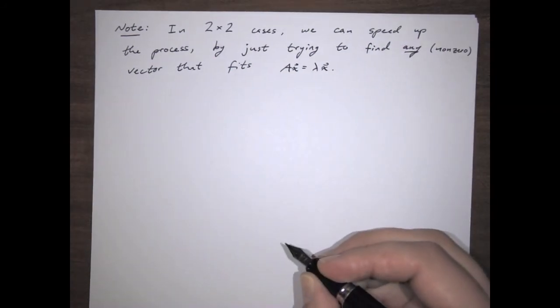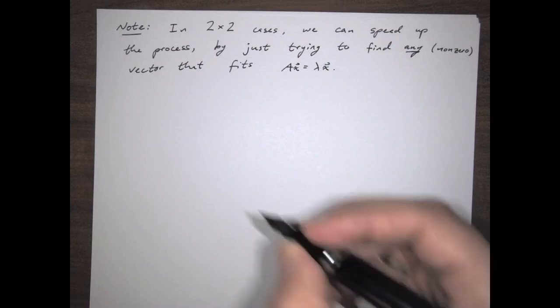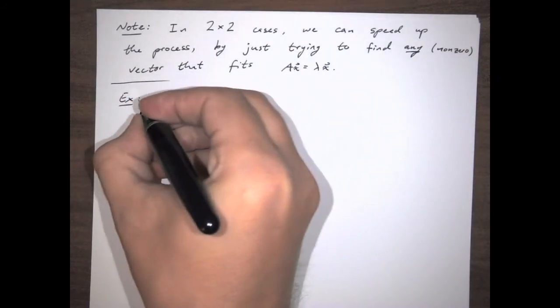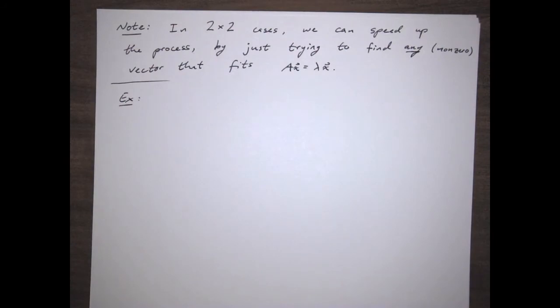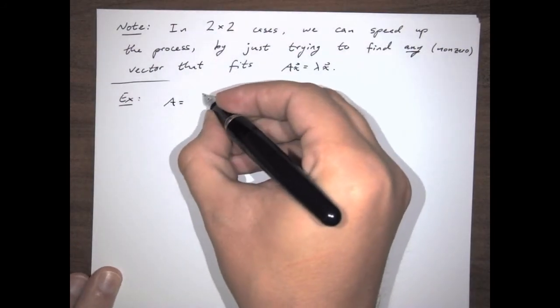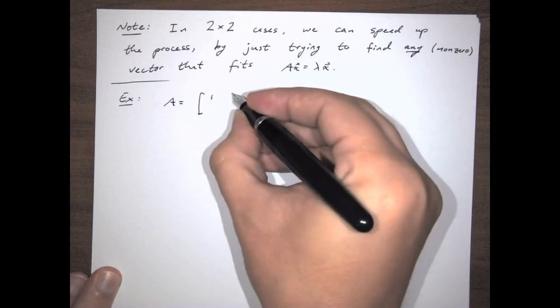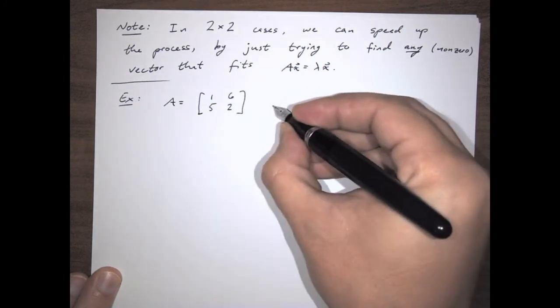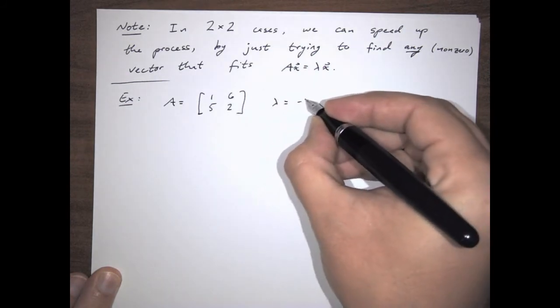And let me show you how this can be sped up a little bit. An example here: A equals [1, 6; 5, 2]. And let's say lambda here is -4.